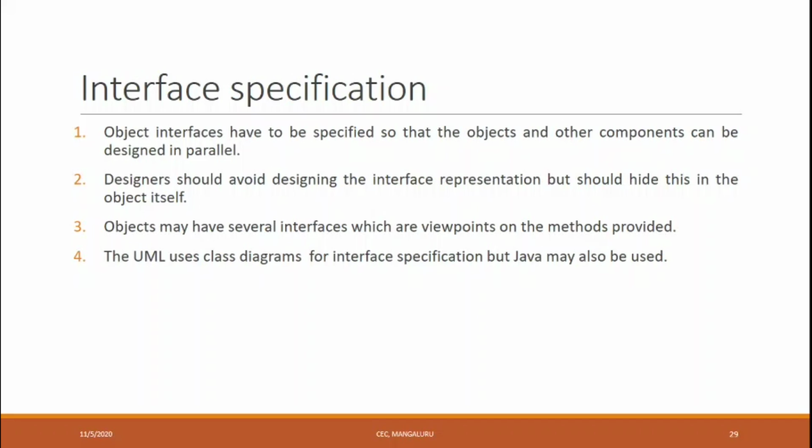The diagram looks like a class diagram, but in a class diagram we declare the variables in the second row, whereas in the interface diagram we won't declare variables. In place of the class name we declare the interface name, the variables row will be empty, and in the methods row we declare the interface functions.